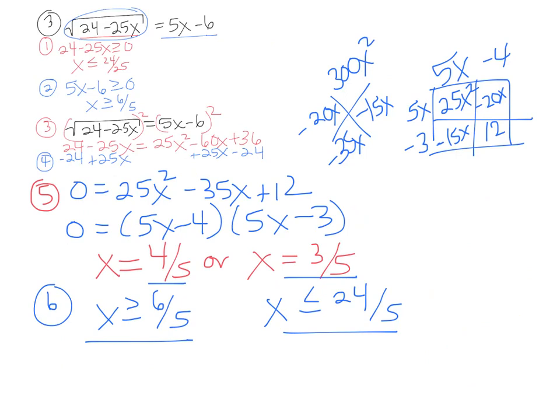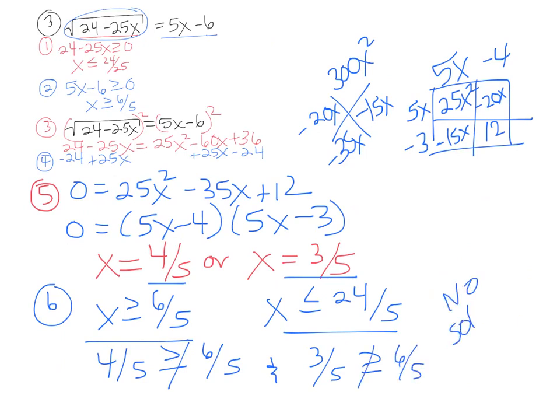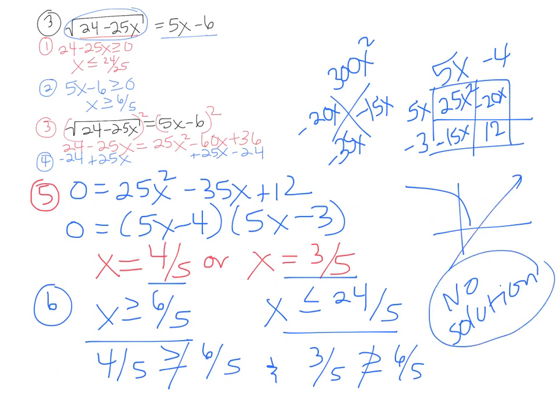Since 4/5 is not greater than or equal to 6/5, and 3/5 is also not greater than or equal to 6/5, you have no solution. And if you look at your graph, you have something happening this way and something else happening this way, so they're not going to intersect. So this is a no solution, and that's what that will look like.